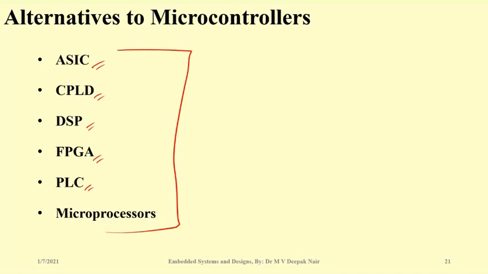At least you should know these things, because when you say I am an embedded system designer, the company or the interviewer will always look at what other things you know other than microcontrollers, because many companies are not using only microcontrollers, they are using these technologies also. Just go and understand when you need them and when you don't.